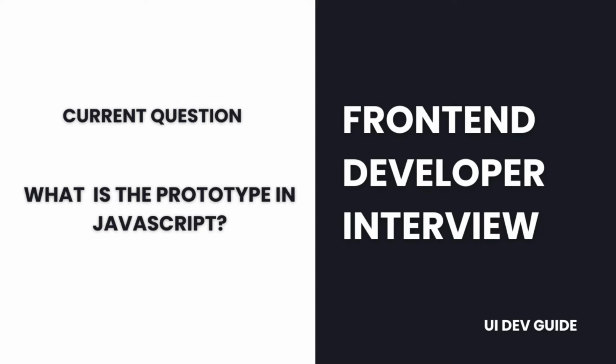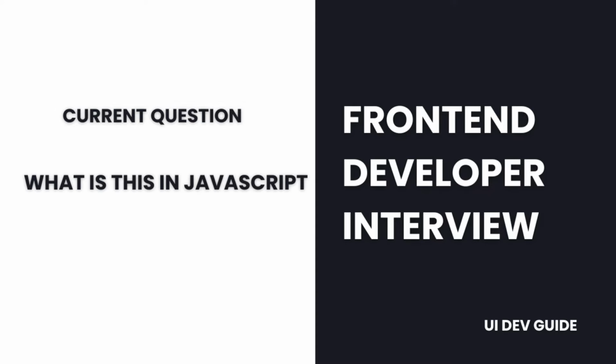So what is this in JavaScript? It refers to the context, like the object that we are calling it with. What is the problem with this?